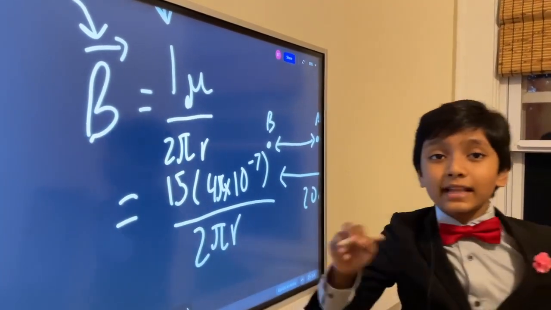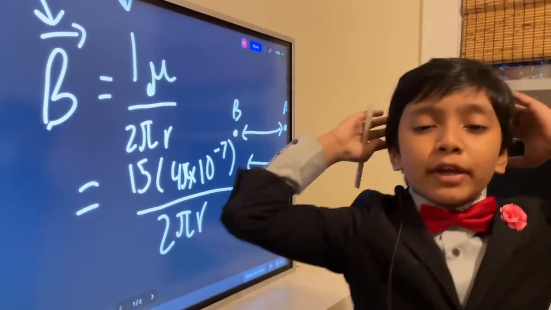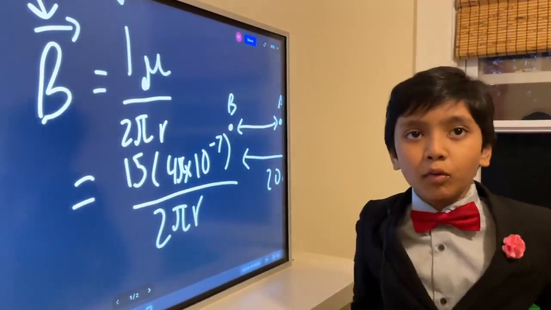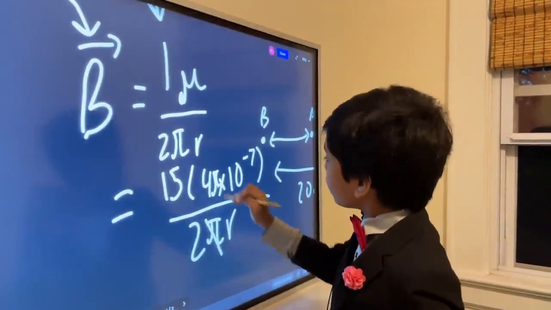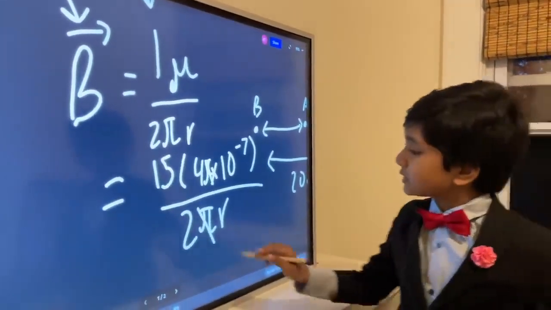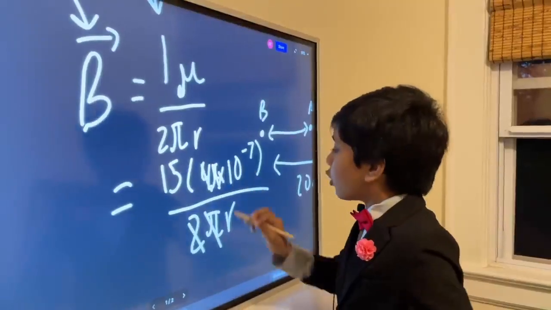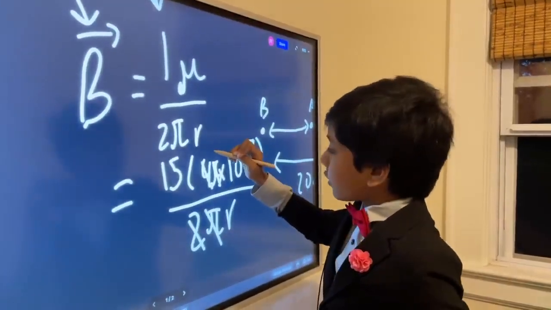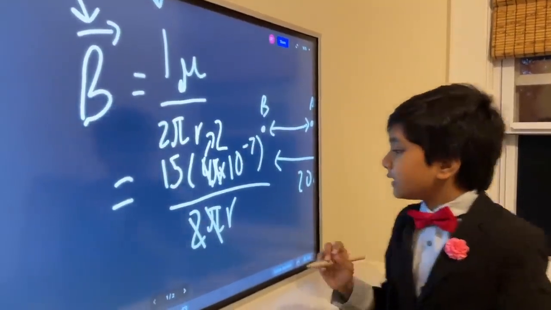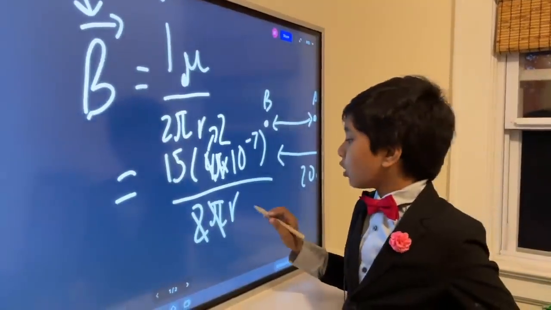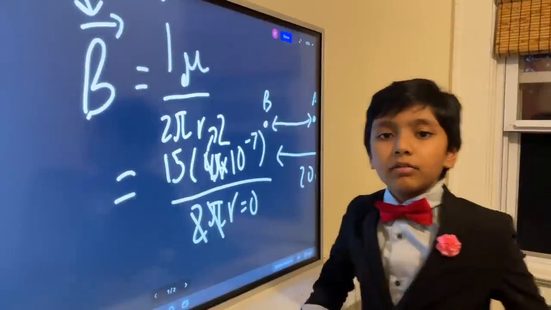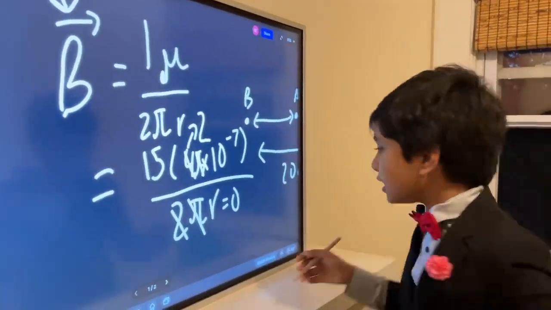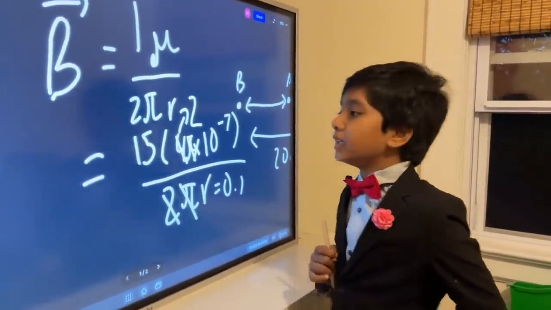So now let's cancel out the things that we do not want. Remember, this is for point A, not point B. So the pi cancels out. Now 2 goes into 4 2 times, and then we have r, which will plug in as 0.1, because if you convert 10 centimeters to meters, then you get 0.1 meters.